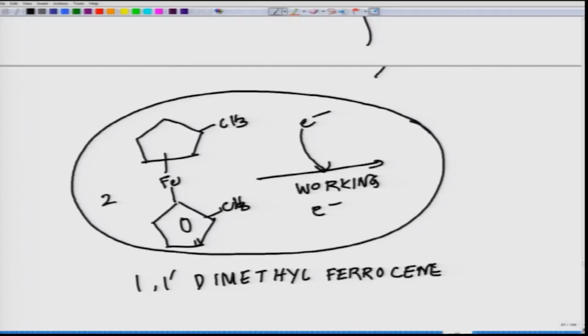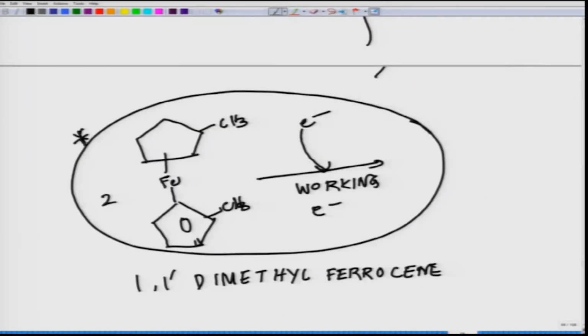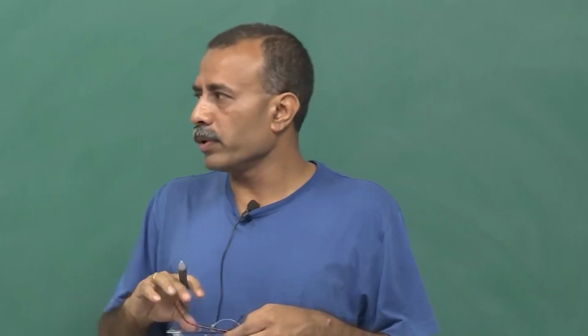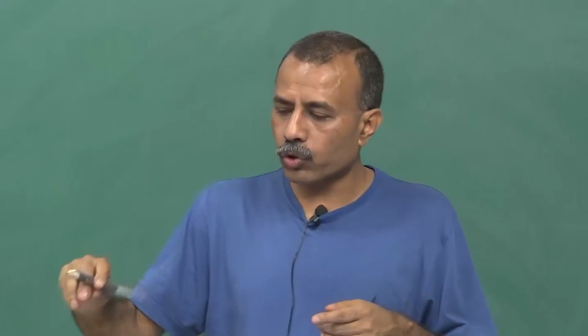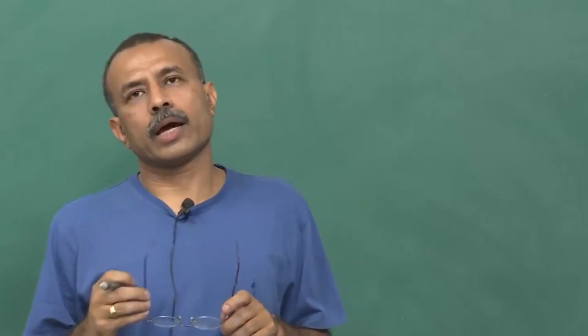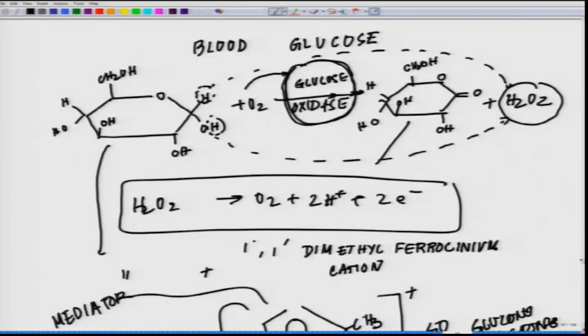The amount of current you are injecting to make this product, which is getting generated here, is what you measure. Think of it simply: you have glucose, oxygen and glucose oxidase, and you are making gluconolactone, and in that process you are producing H2O2.